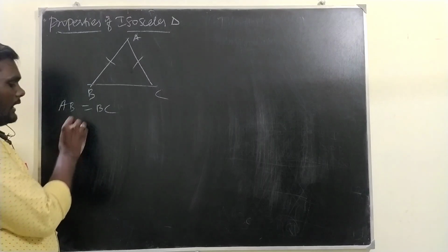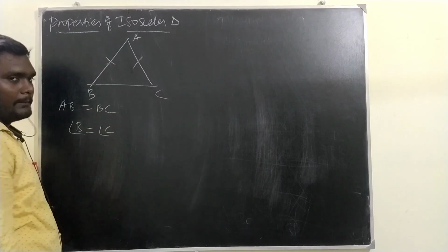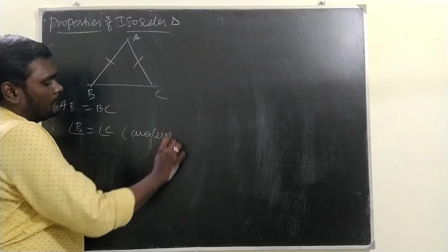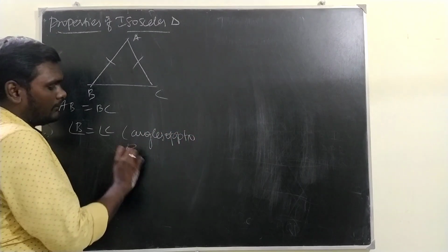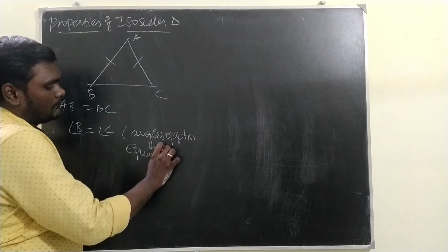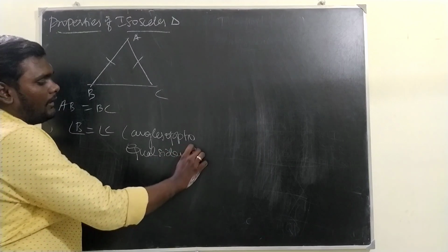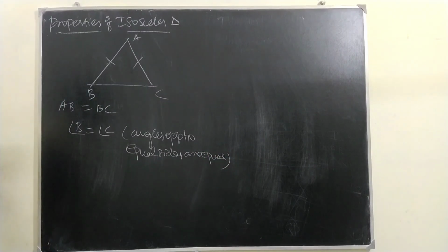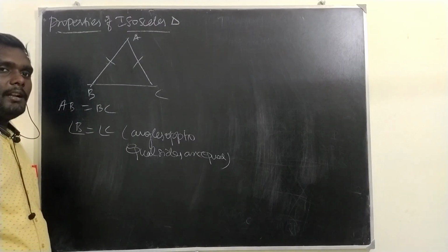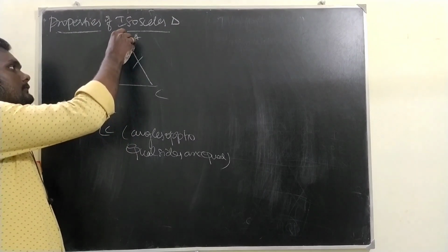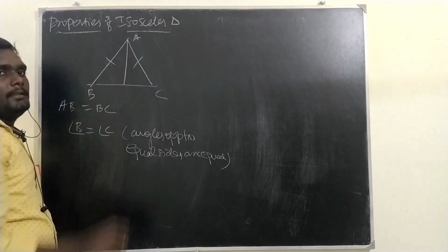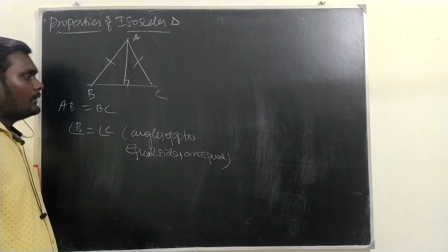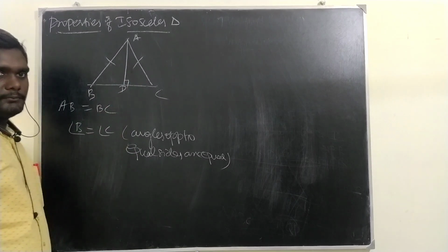Then we have angle B is equal to angle C. Reason: the angles opposite to equal sides of a triangle are equal. How do we prove that? We can draw a perpendicular. I am drawing an altitude. Okay, that is AD is an altitude.